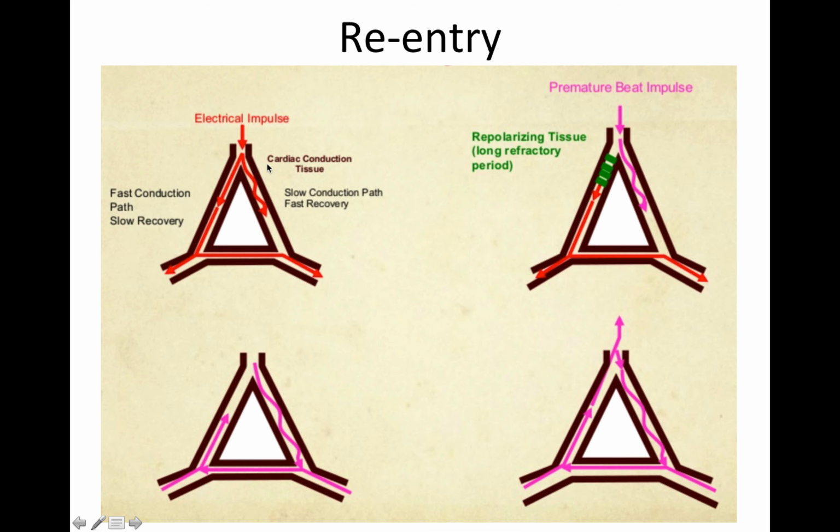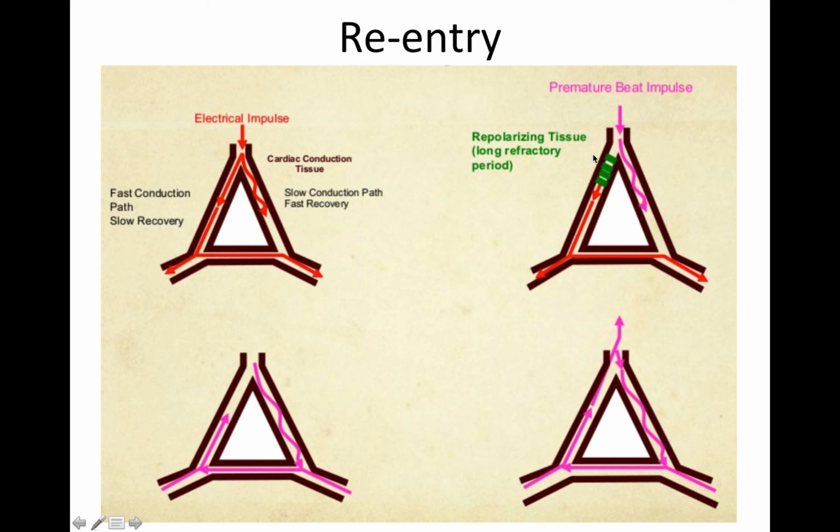So here's an example where there are two pathways that can lead to depolarization distally. Normally the electrical impulse will travel down both pathways at different speeds. If for whatever reason there's an extra beat, such as a premature atrial contraction, for example, that blocks down one pathway but goes down the other, it can now go around and spin around all the way back and continue to propagate itself in a reentrant mechanism until something stops it.